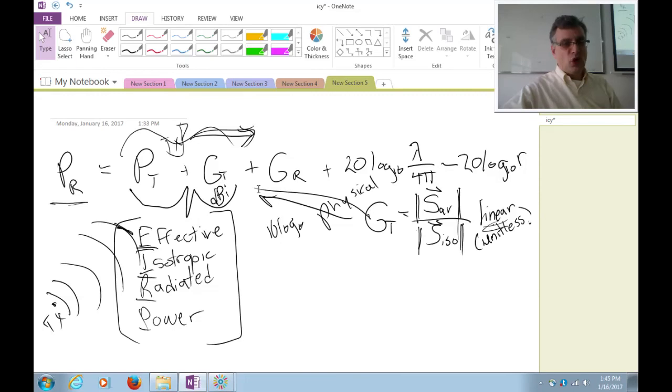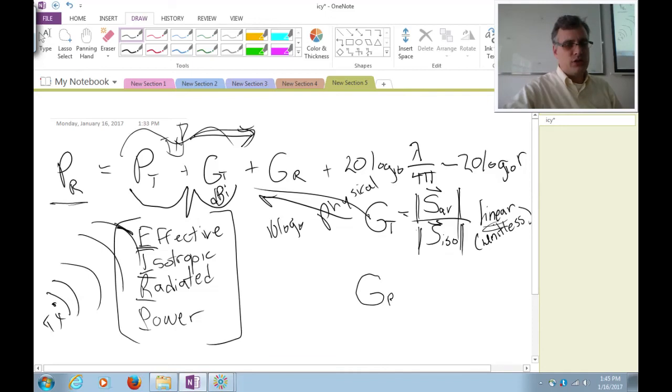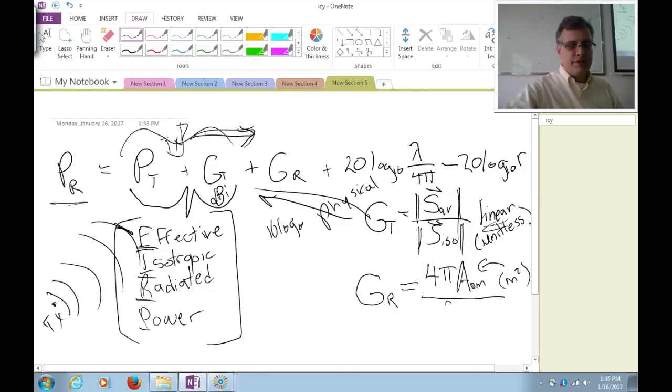Okay, so here's how we define gain. The way that we define gain from a receiver perspective, here's another really good formula to have: 4 pi times the effective electromagnetic aperture, in units of meters squared, divided by lambda squared. Again, this gain formula is in the linear scale.